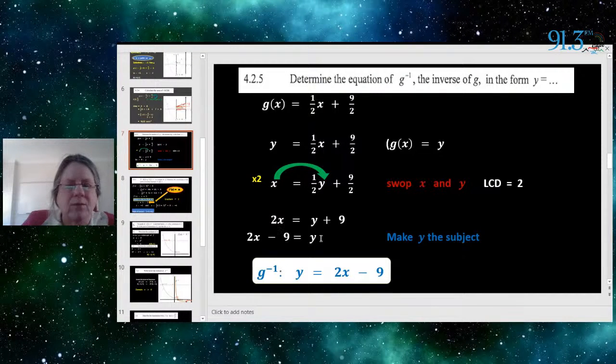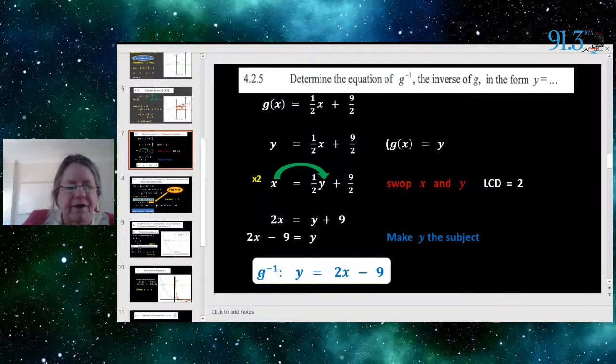And you will notice that I'm working backwards here. I strongly recommend that if it happens the way it's happening here, work backwards. Because if you swap the y to this side and the x to this side, you tend to get your signs, your negative and your plus signs wrong. So our answer is the inverse of g, that's how you read that.